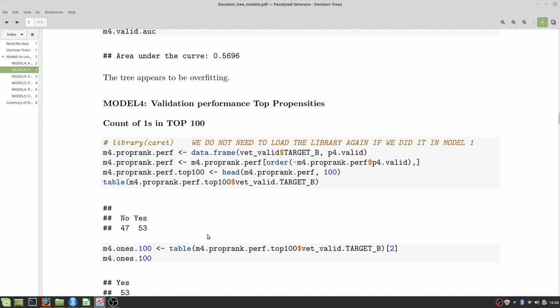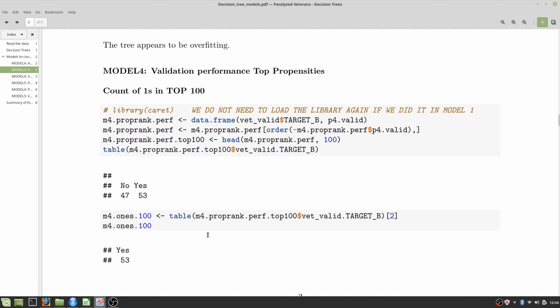We also took a look at the count of ones in the top 100, a sort of lift approach, where we ordered the propensities from highest to lowest and then determined how many ones, that is, how many people donated, in that tiny sample of 100.